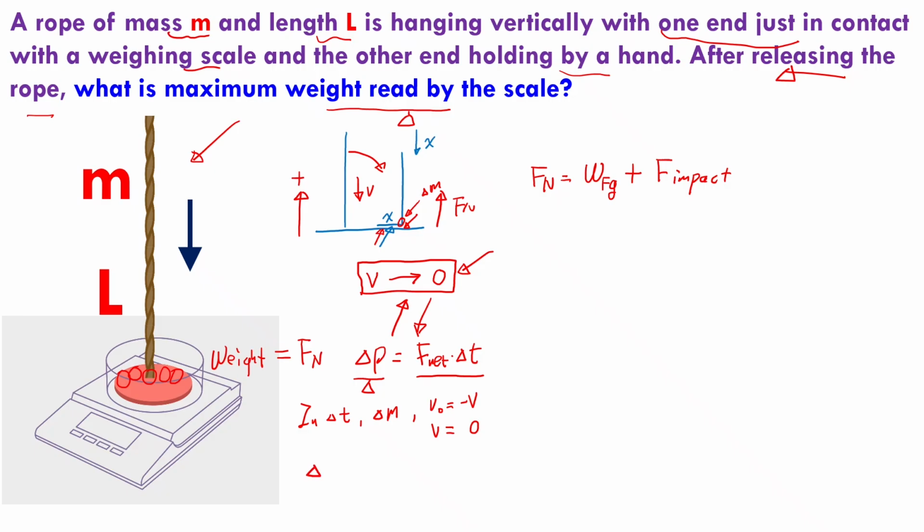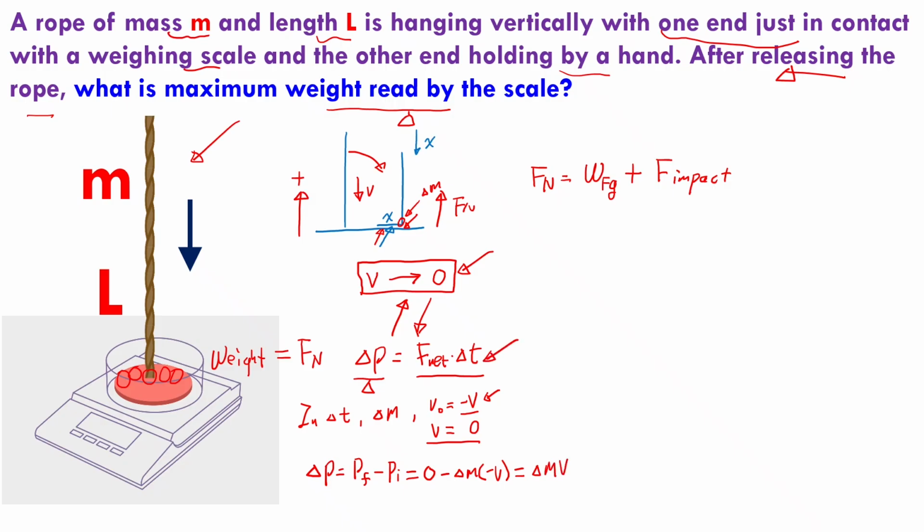The change of momentum delta p equals the final momentum minus the initial momentum. The final velocity is 0, so the final momentum is 0. Then minus the initial momentum. The initial velocity is minus v, so the initial momentum is delta m times minus v. As a result, the change of linear momentum is delta m times v.